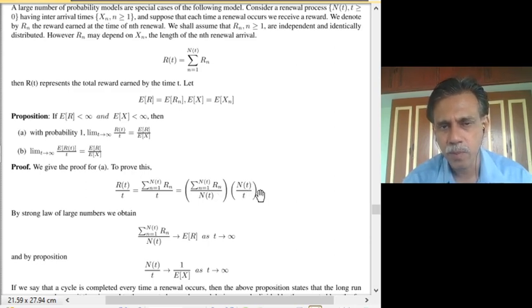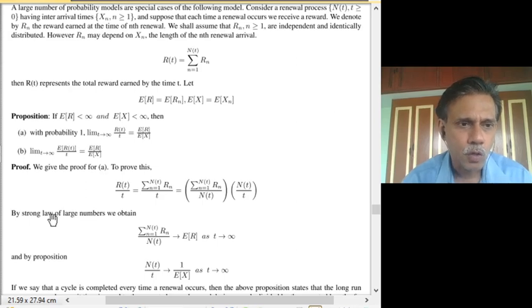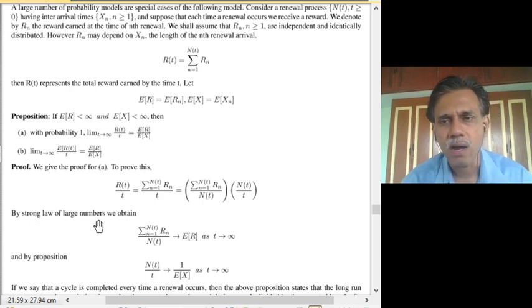We will split it into two terms and then take the limit t tending to infinity. So by the strong law of large numbers, we find that sigma n 1 to N of t r of n by N of t is equal to E of r.